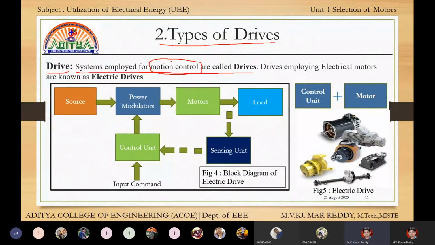If this rotating motion is with the help of an electrical motor, then it is called an electrical drive. If it has no motor, then it is called a mechanical drive.